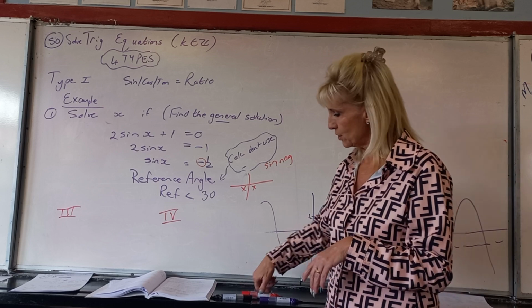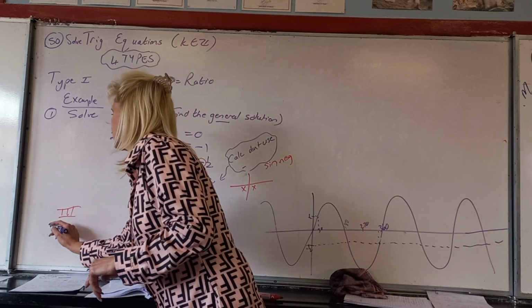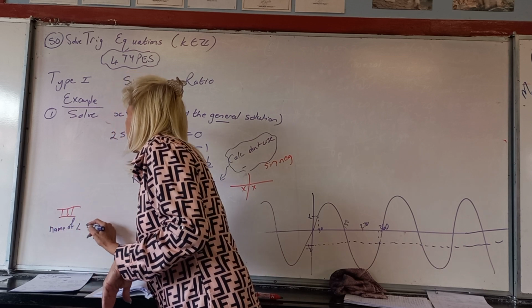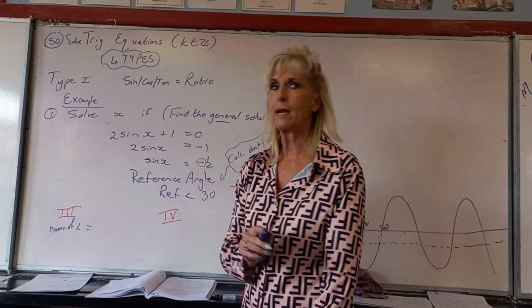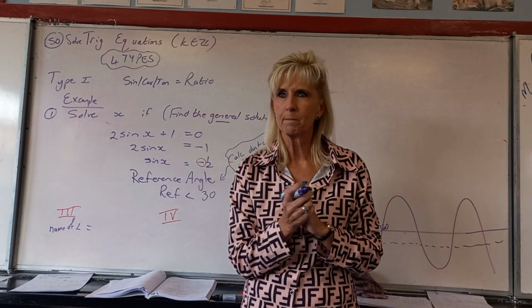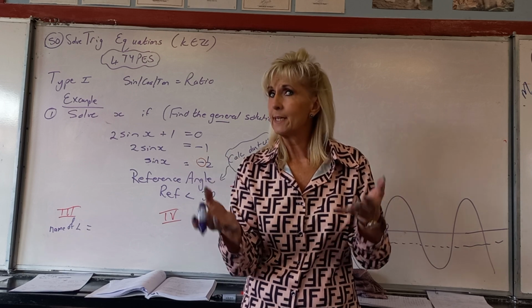In these quadrants, for the first time, I'm going to write it very elaborately. You're going to write down the name of the angle equal to, and in quadrant number 3, what's the magic word? 180 plus.